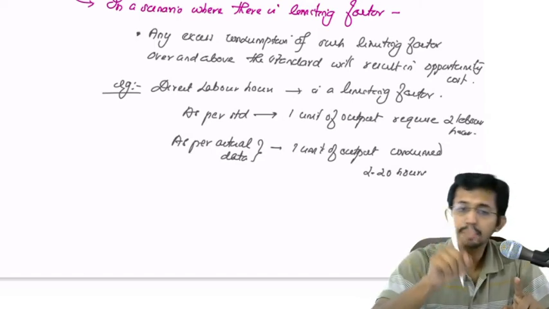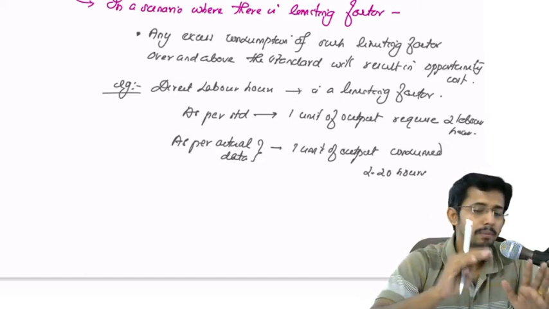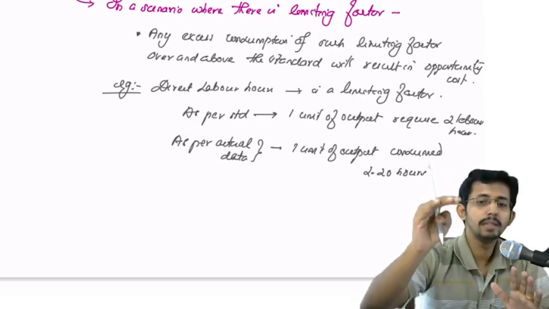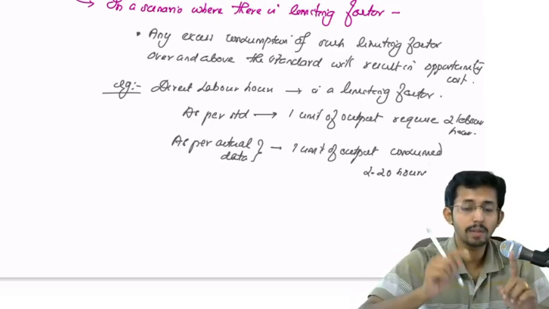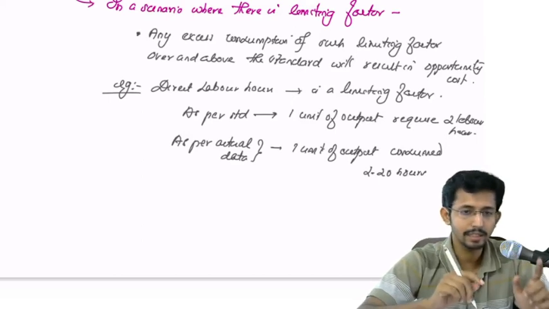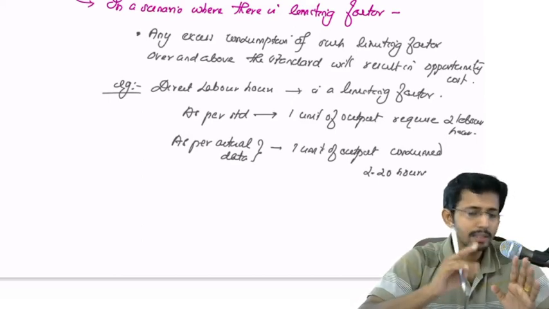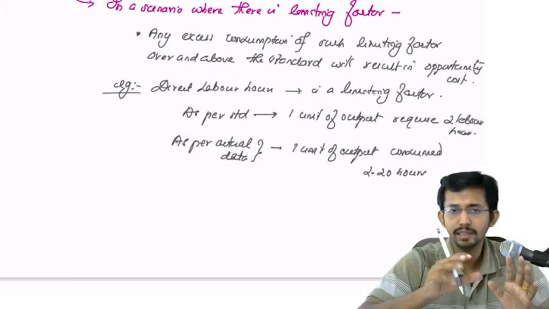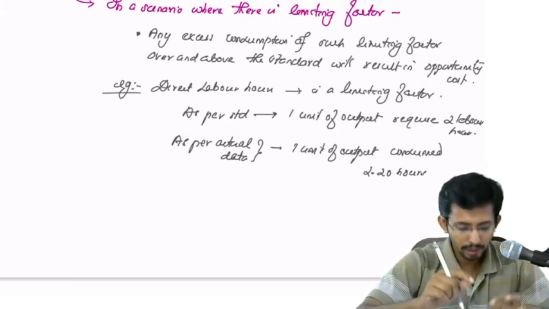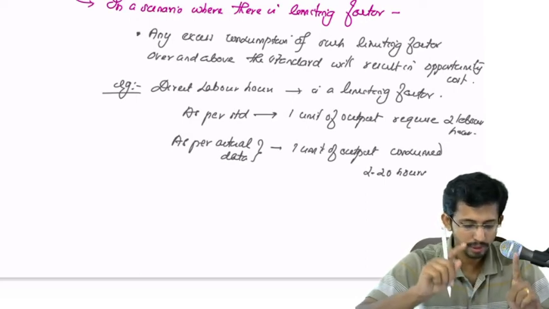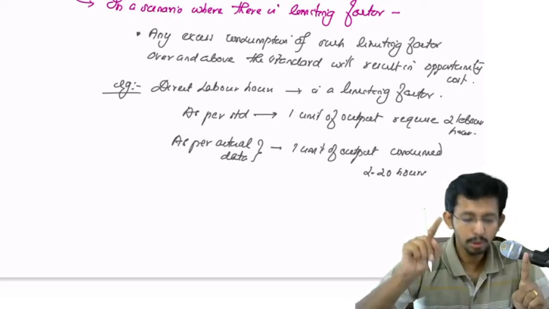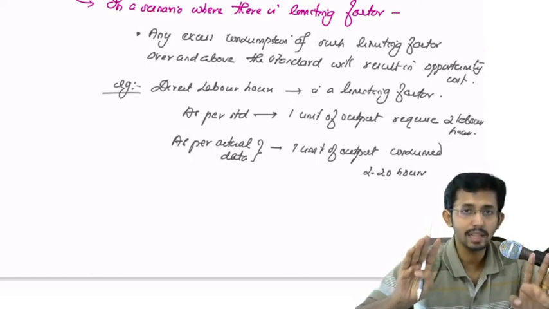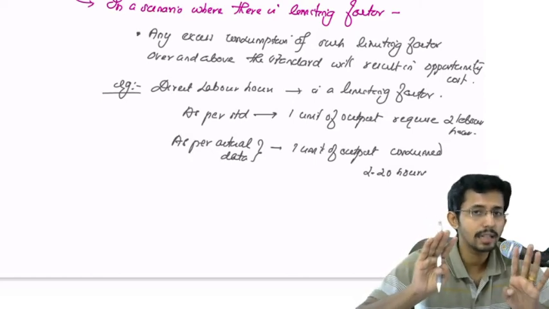On one side it is a limiting factor, which means you are not able to produce maximum demand because the labor hours available is limited. Whenever there is a limiting factor, we will try to use the limiting factor in the optimum manner. So if the standard says that for producing 1 unit of output, you should require only 2 labor hours, you should go by that standard itself.